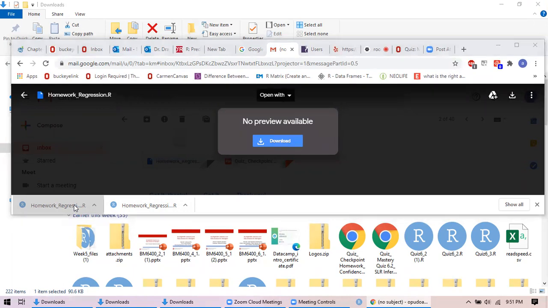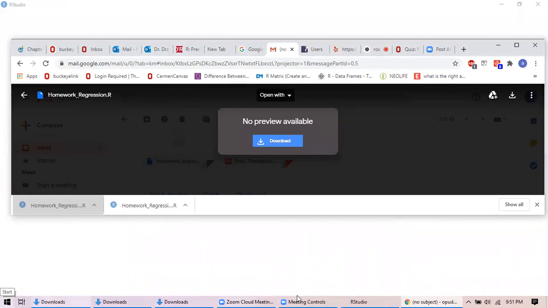Try opening up the R, the R Studio. It looks like it's loading. It's just taking a while. Yeah, my system is really slow. I think there's a lot of junk in it now.